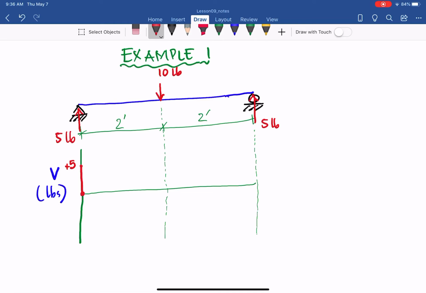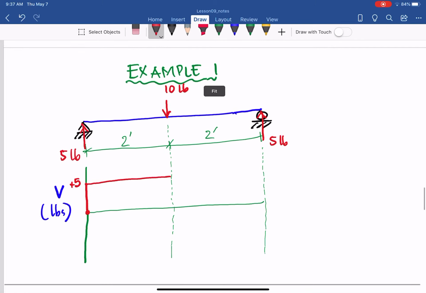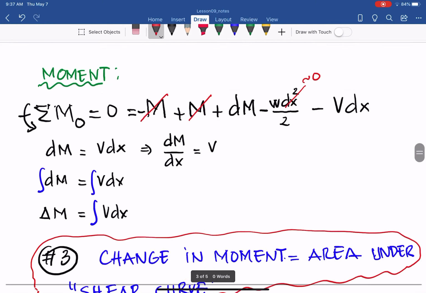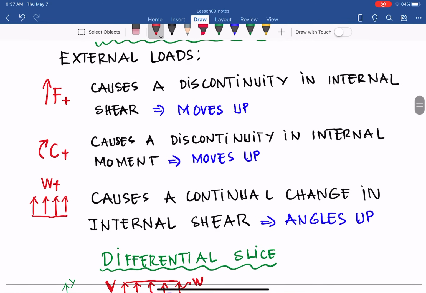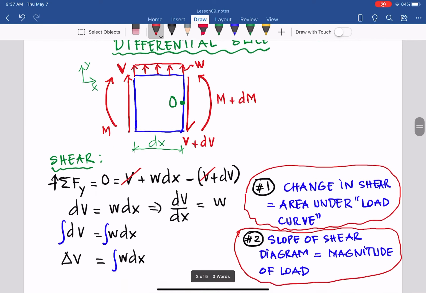And then between the left and the middle 10 pounds, there is no change: no load, no couple, no distributed load. So we just keep that same 5 pounds, because no external load changes between those two points. And then you have 10 pounds going down, based on the convention I showed you for the external load. If it goes up, the discontinuity in the internal shear moves up. If it goes down, the discontinuity in the internal shear moves down, with exactly the same magnitude.